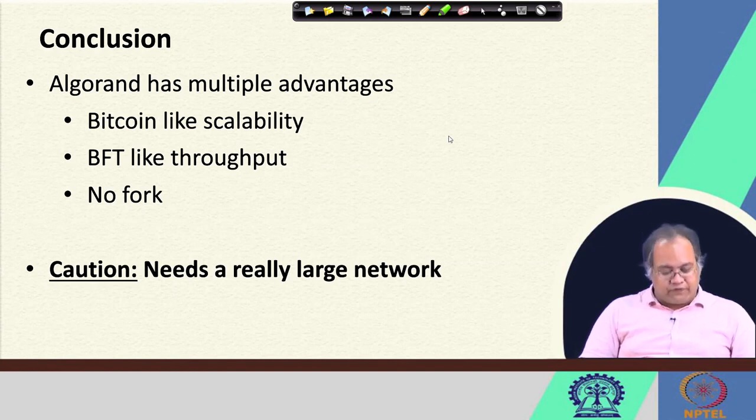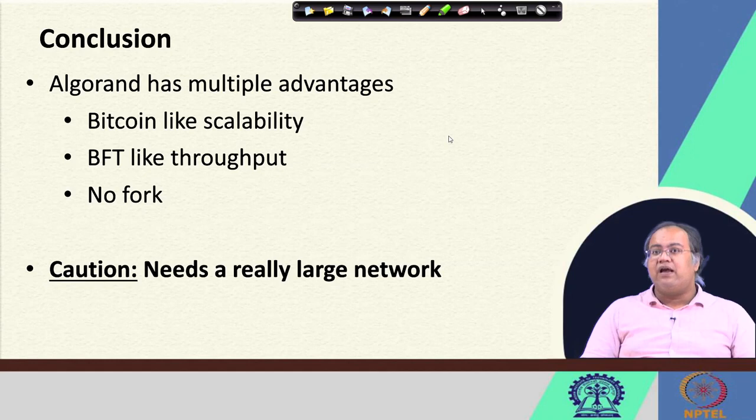So, the trade-off of Algorand is, first of all, that it needs a really large network. If you run Algorand on a small network, then cryptographic sortition is going to select a very small set of committee members, and it will be possible for an attacker to attack that small set of users. So, we need to have a really large network to have this cryptographic sortition run correctly.